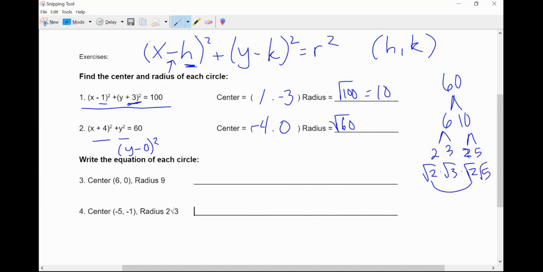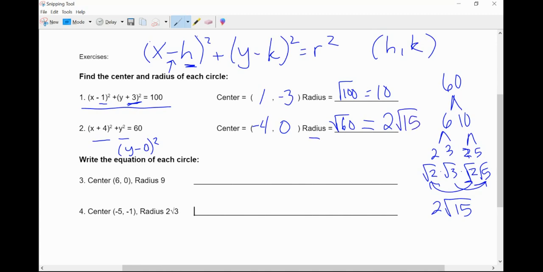And notice here we have square root of 2 times square root of 2, which is just 2. And then square root of 3 times square root of 5 is square root of 15. So this is equal to 2 square root of 15.